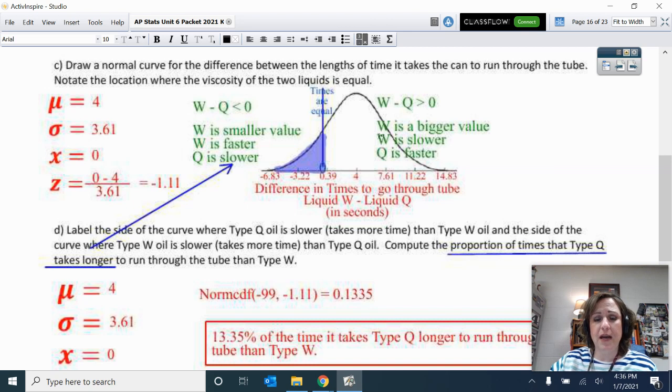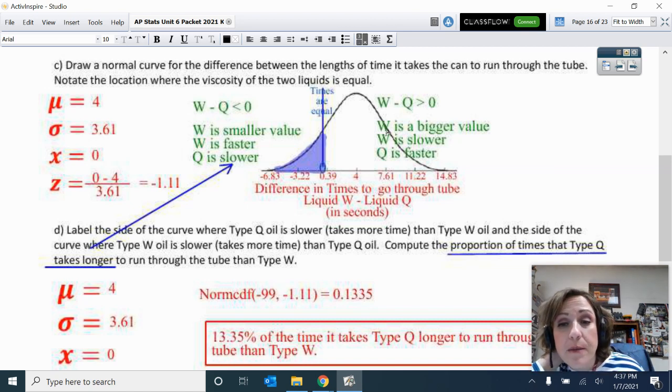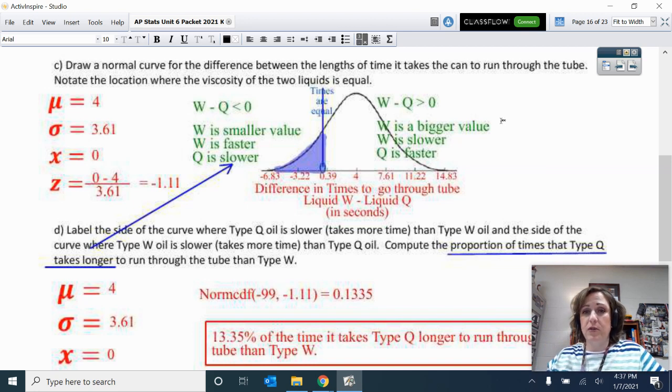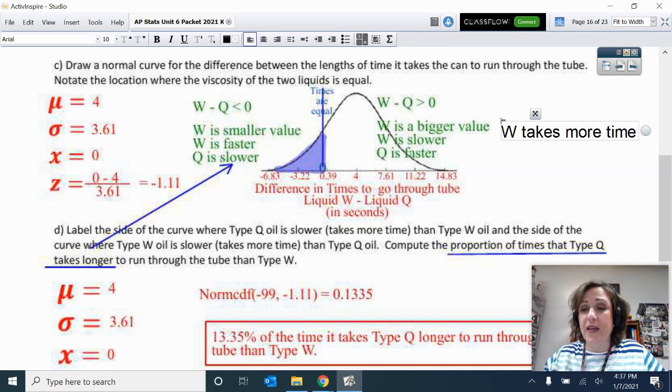My brain, it takes me a long time to get this. So I had to kind of write out all these synonyms. So W minus Q is greater than 0, which means W is bigger. Okay, I get that. Well, what does that mean? So that means W takes more time. So that means W is slower. And if W is slower, Q is faster.